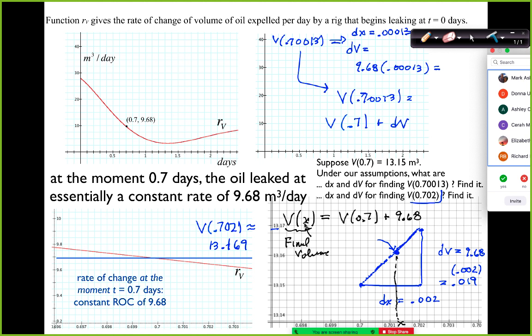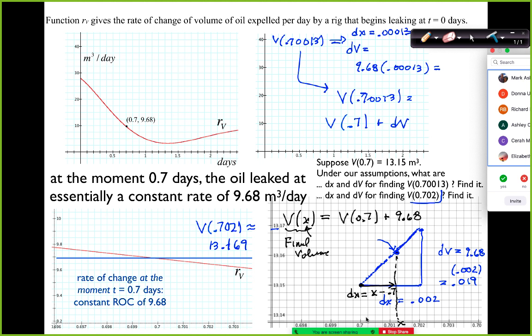But I need it as a function of x, not dx. 9.68 times the quantity x minus. Yeah. So what is dx for any point? dx equals x minus 0.7. That's what you said, right, Richard? Oh, I said x minus 0.002.